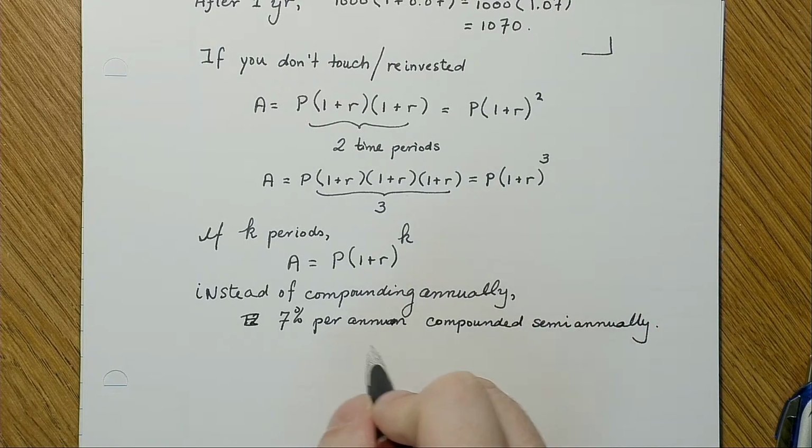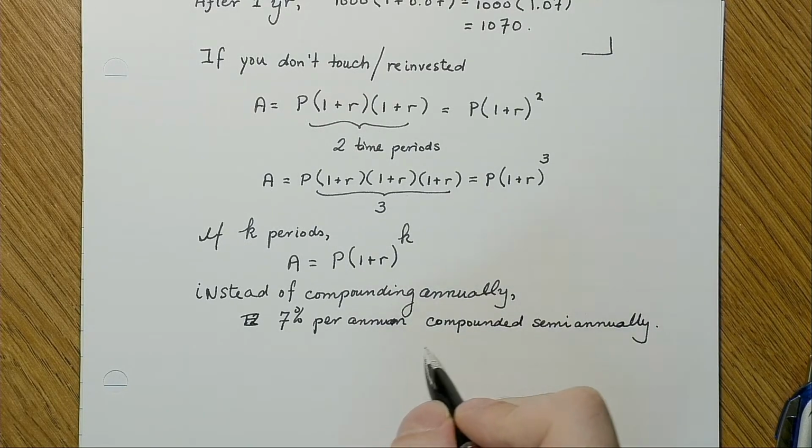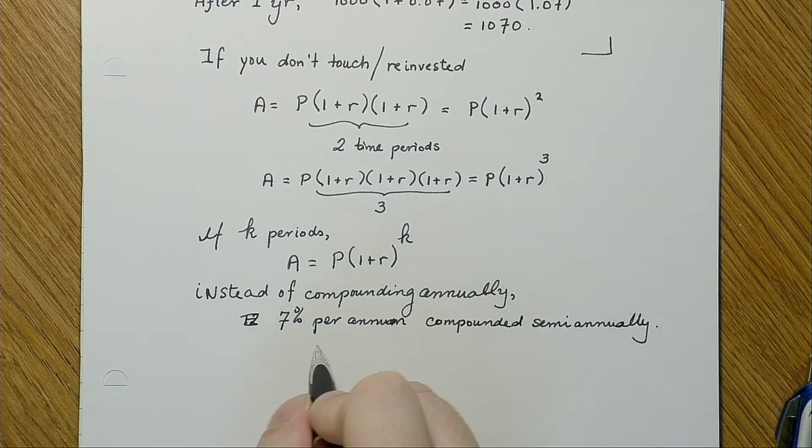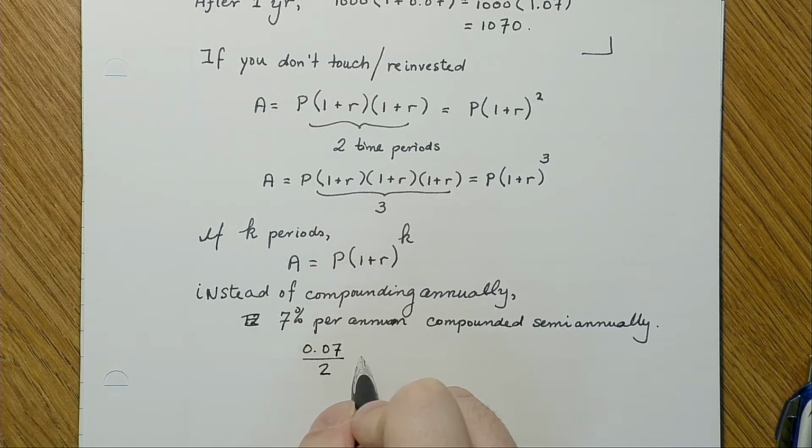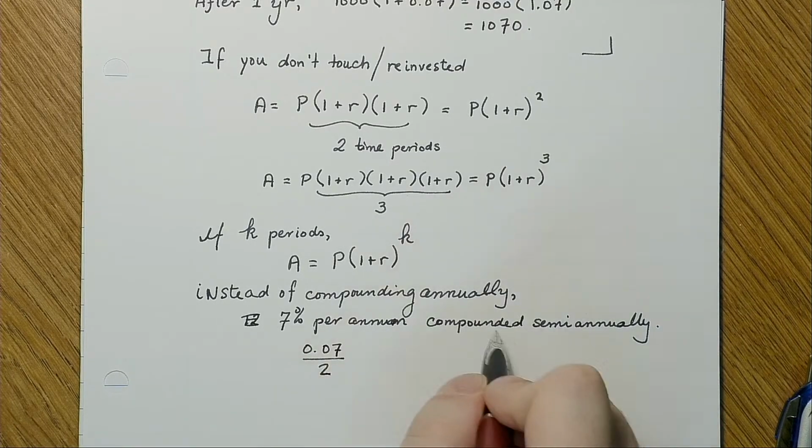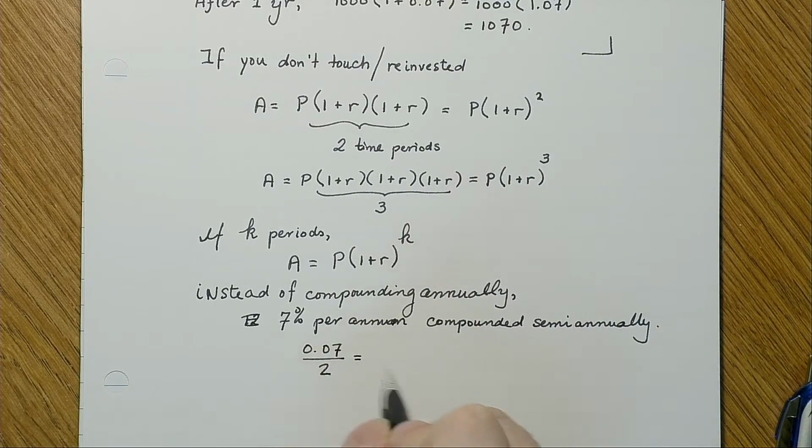Then that means that I can do that over 6 months. And the interest rate then is 0.07 divided by 2, because there are 2 payments in a semi-annual period. And that would give me 0.035.